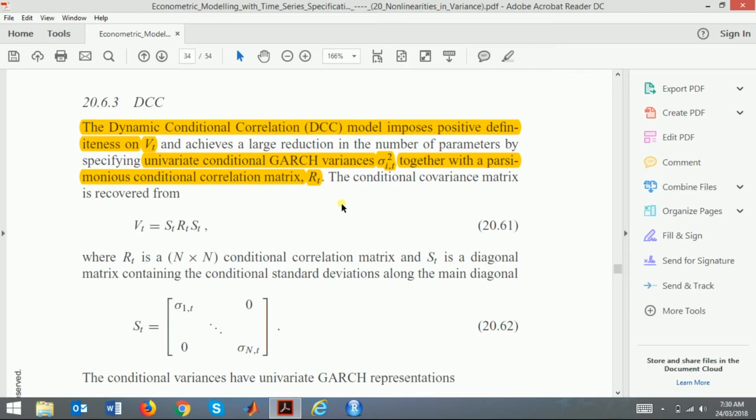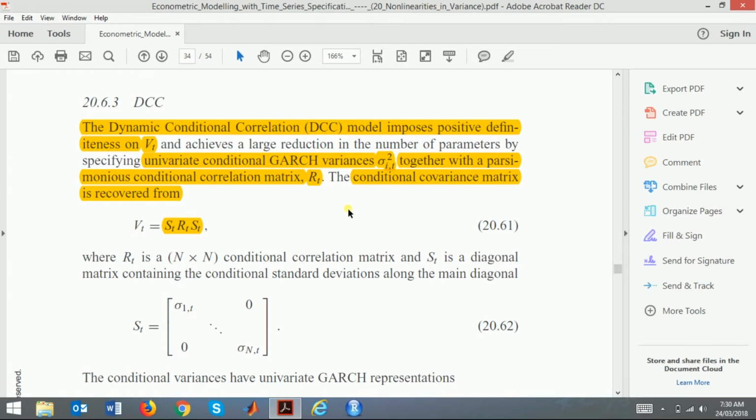The conditional covariance matrix is recovered from the conditional correlation, S and R and S. We are familiar with S and R and S.